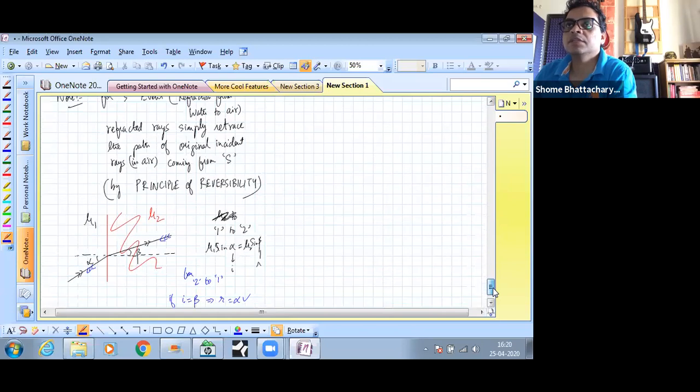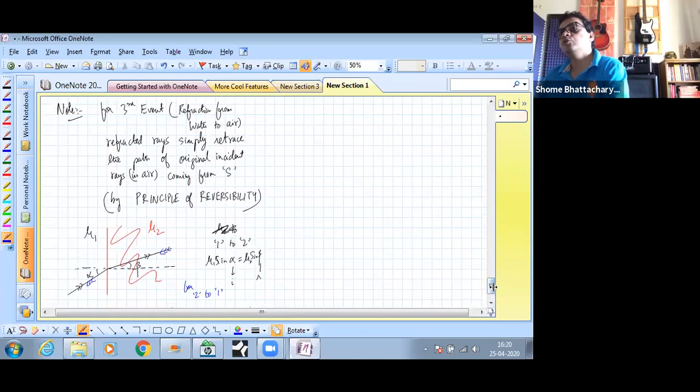This is what I was explaining to you about reversibility, why we don't have to worry about the third event. Because the moment the second event, which is the reflection, is resulting in retracing of the optical path of the rays, the subsequent events will automatically retrace. So in this case, there's only one subsequent event, which is refraction again from water to air.